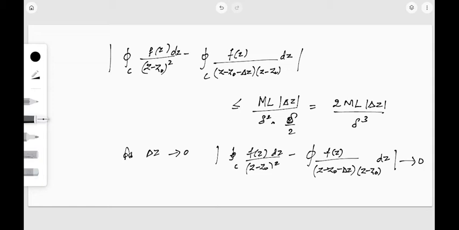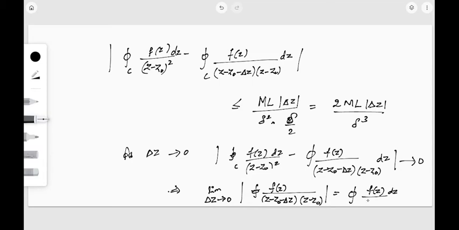So I can replace this by limit delta z tends to 0, and from this I can obtain limit delta z tends to 0 modulus integral over c f of z whole divided by z minus z dot minus delta z into z minus z dot will be nothing but integral over c f of z dz by z minus z dot square.